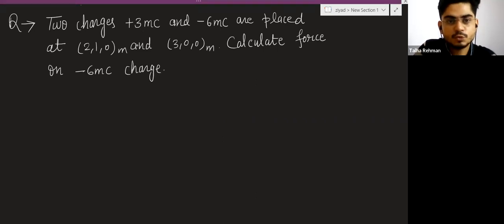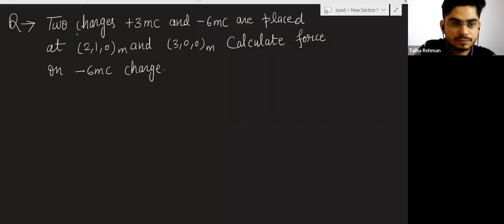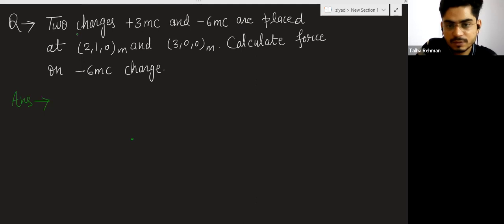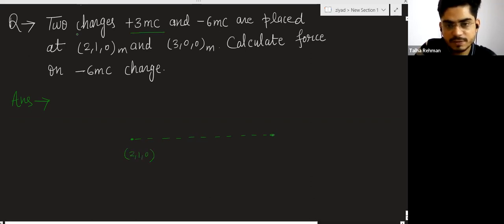So two point charges are given to us, but this time they have given the positions of these charges. The first charge, plus 3 microcoulomb, is placed at (2, 1, 0) and another charge is placed at (3, 0, 0).